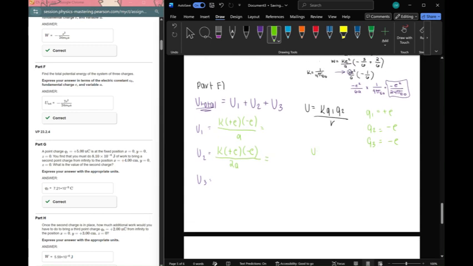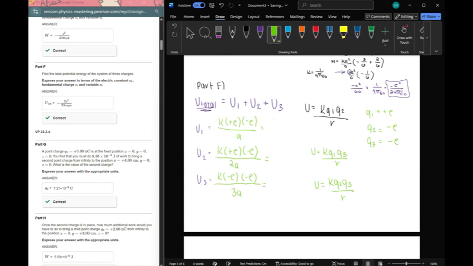So let me write it down so it's less confusing. Q1 and Q3 over R, and then the next one is going to be K Q2 and Q3 over R. So that's going to be K negative E times negative E over the distance 3A.